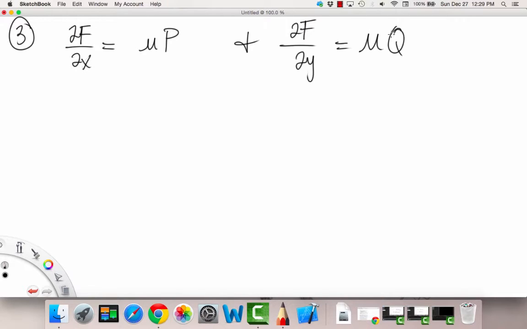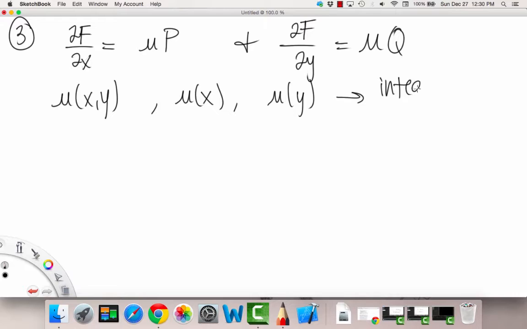So this was when we had our partial f partial x is equal to some mu times p, and we also have that partial f partial y is equal to some mu times q. Okay, and I said that mu could be a multivariable function or it could be a single variable function. So it could be this, or it could be a mu just of x, or it could just be a mu of y. Okay, and these are all called integrating factors.